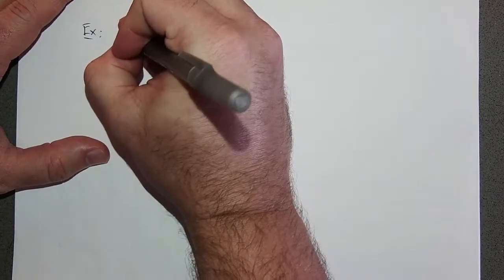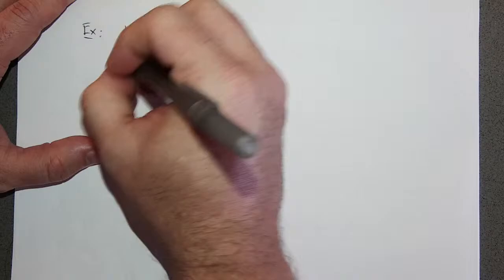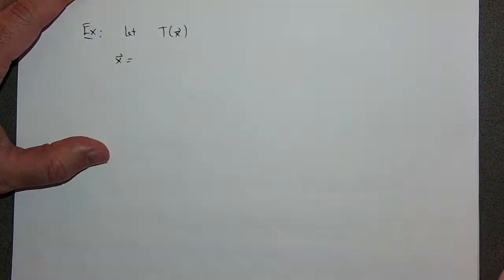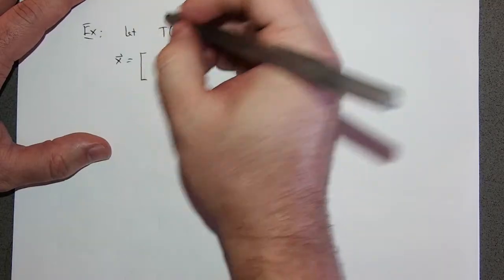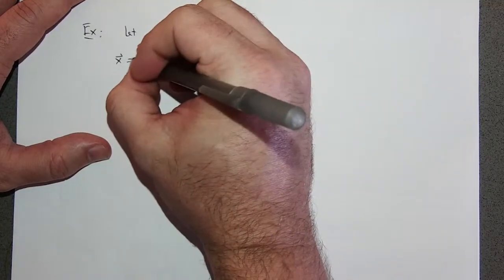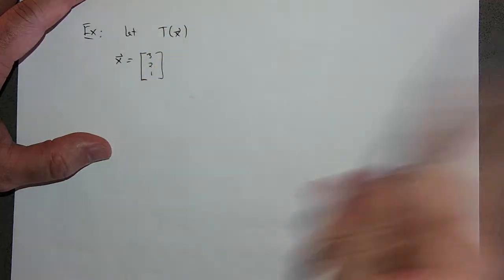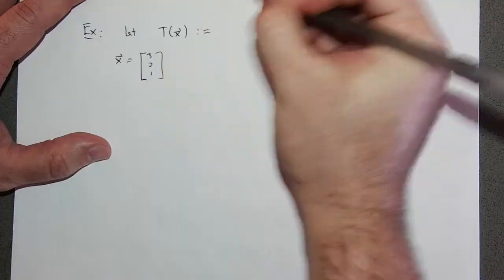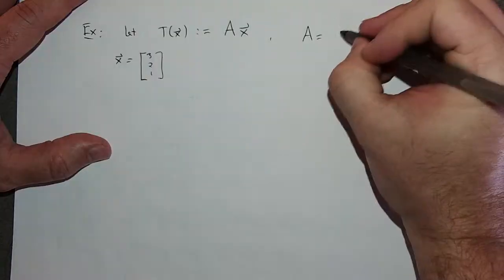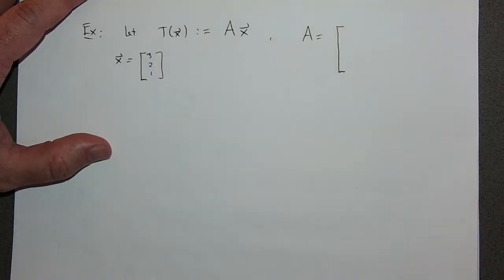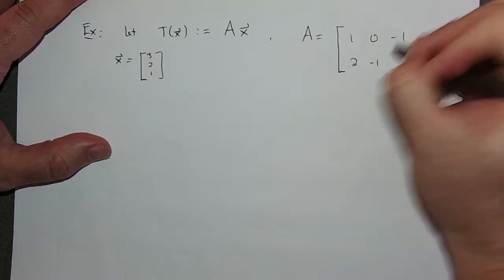Let X be the vector (3, 2, 1), and let Tx be defined to be Ax, where A is the matrix with rows 1, 0, minus 1 and 2, minus 1, 1.